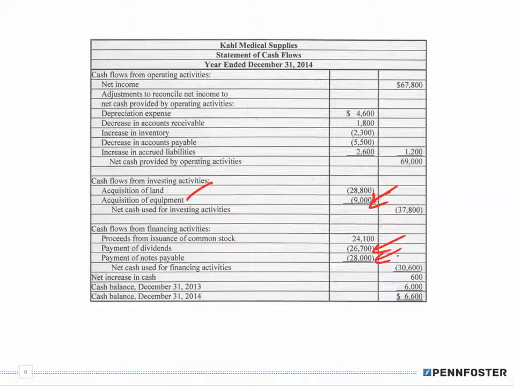There was an exercise where I talked about this issue specifically, where I actually worked through the numbers. It was an exercise on how to calculate the payment of dividends, or the acquisition of equipment, things like that. So it behooves you to go back and make sure that you did do those exercises.